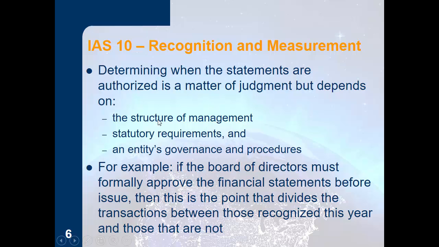There may be countries where there is a legal requirement or a requirement based in law that says the board of directors has to authorize the statements, and then that would be when we would determine they were authorized. That does not exist in the United States, but it may exist in some other countries. For example, if the board of directors must formally approve the financial statements before issue, then this is the point that divides the transactions between those that are recognized this year and those that are not.